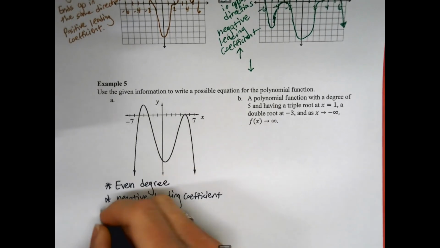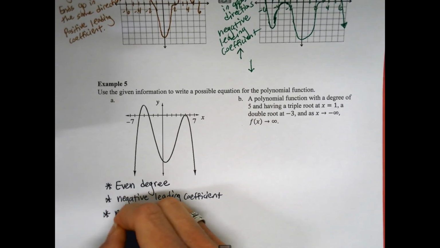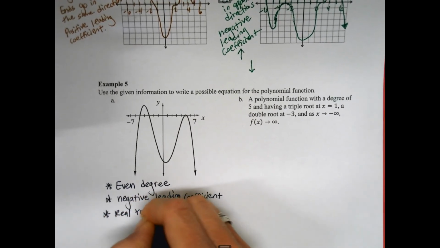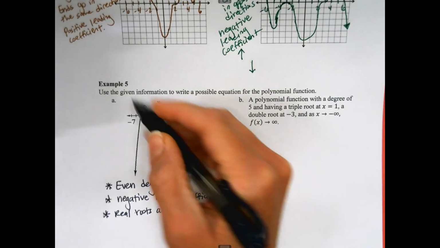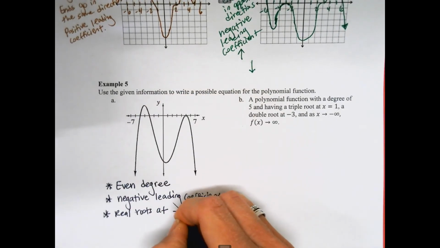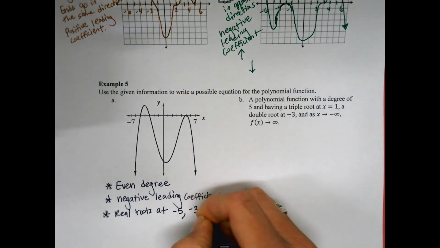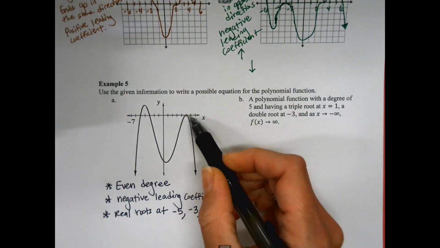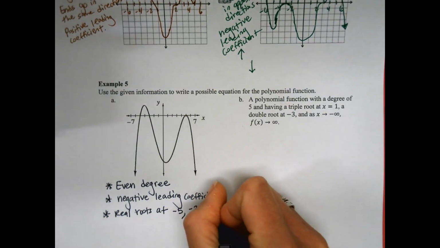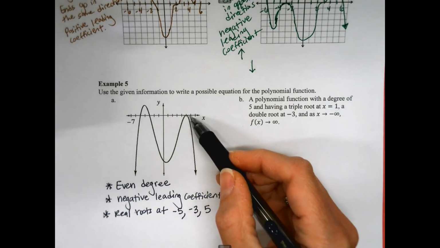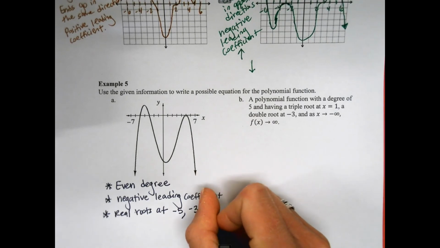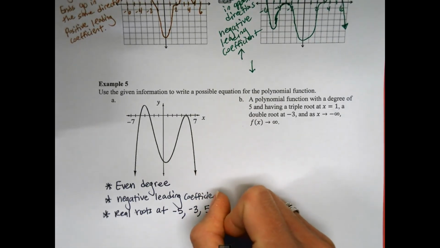We have 3 real roots. We have real roots at -5, at -3, and at +5. And the root at +5 has a multiplicity of 2, or an even multiplicity.